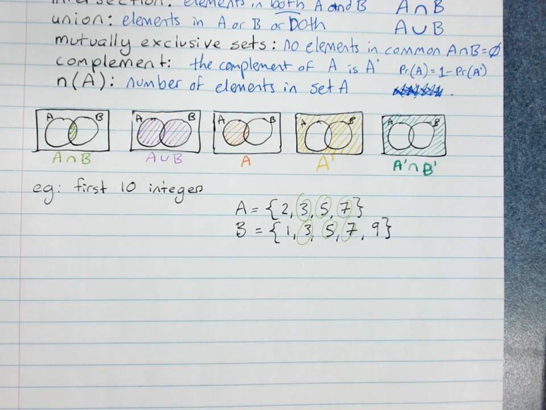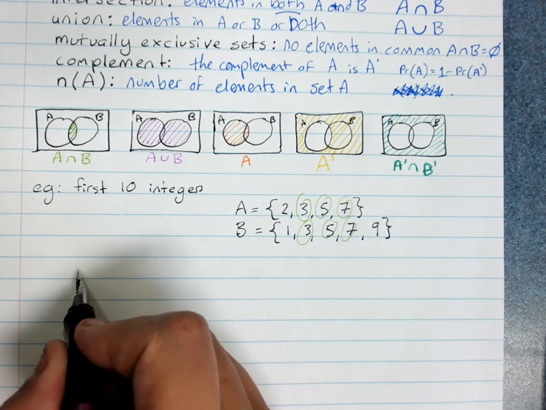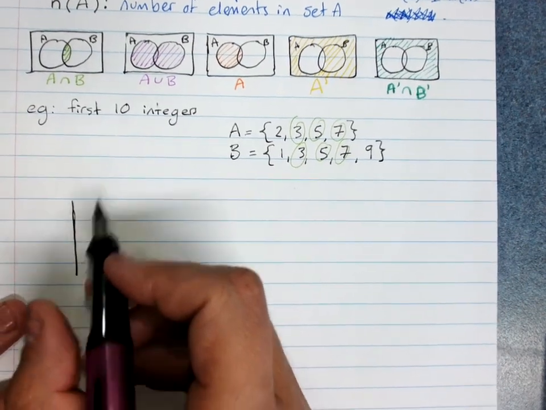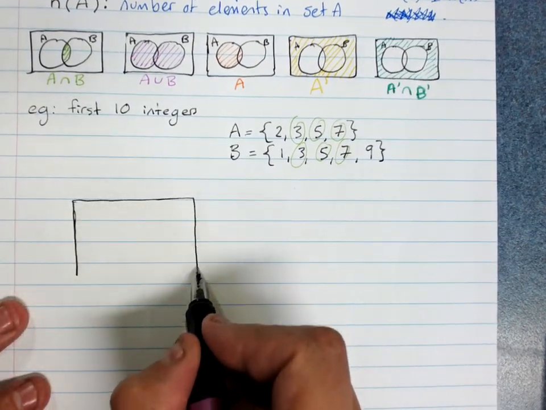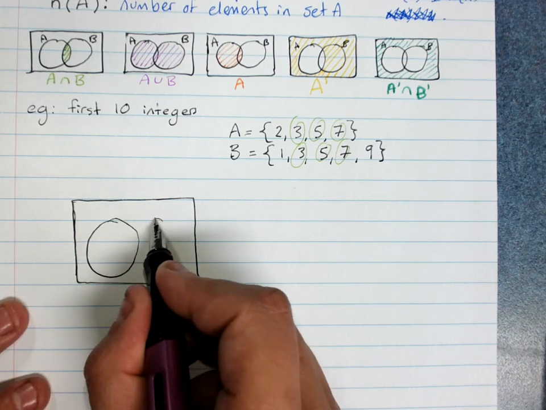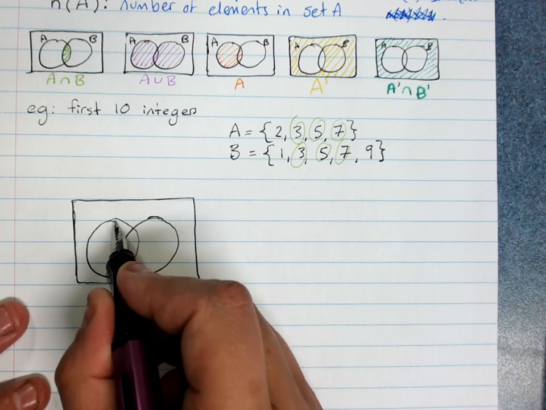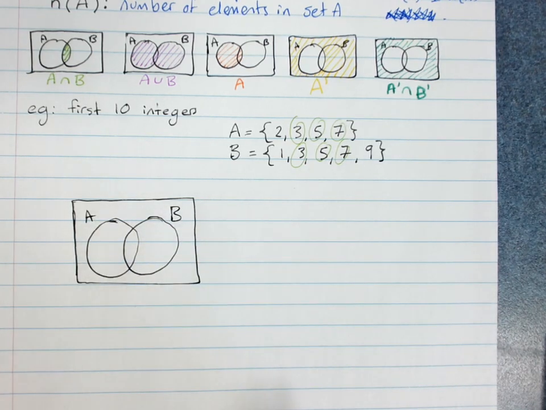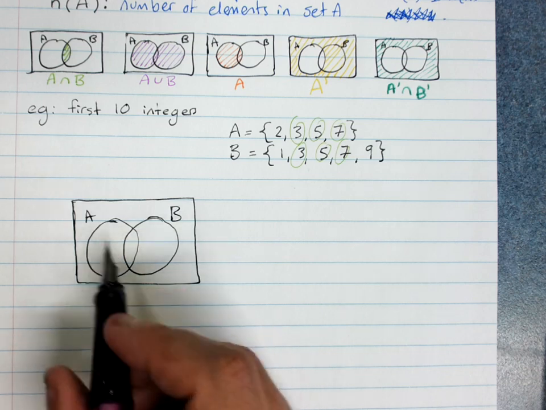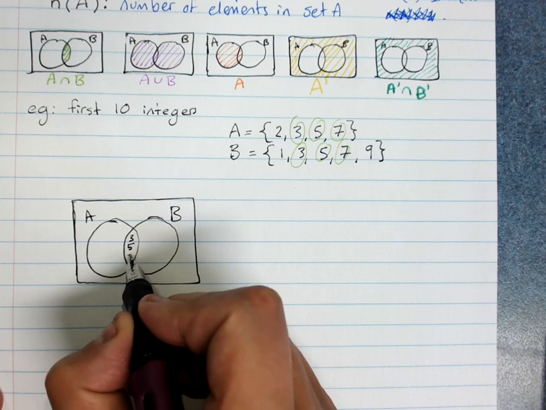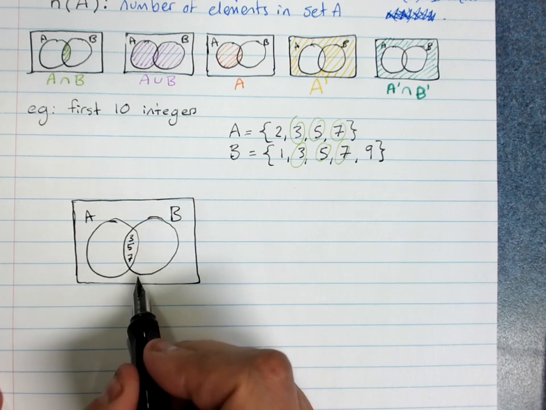And what we'll often be asked to do is to put the elements themselves into a Venn diagram where we've got set A and set B, and where the overlap is, those elements themselves go in the intersection.